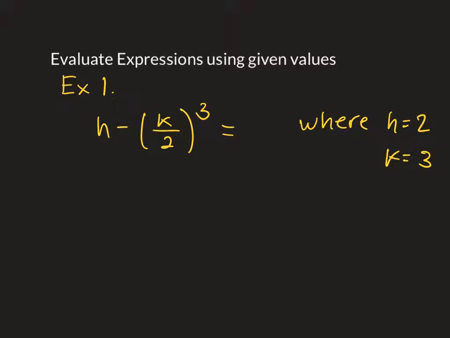Okay, and I'm going to highlight h equals 2 in red, and in blue I'm going to use k equals 3. So for k, I'm going to substitute blue. For h, I'm going to substitute red.